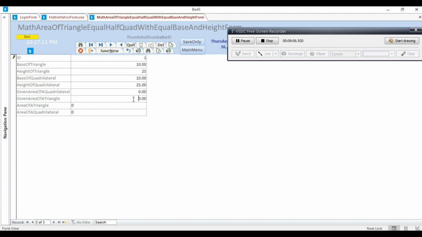If the area of a triangle is 60 and the area of a quadrilateral is 120, if they are not equal, then it will not give an answer.